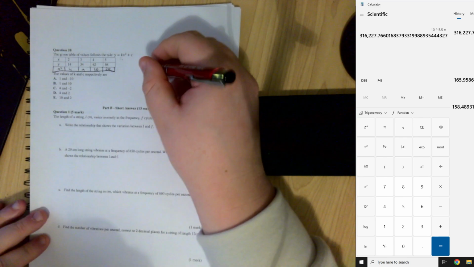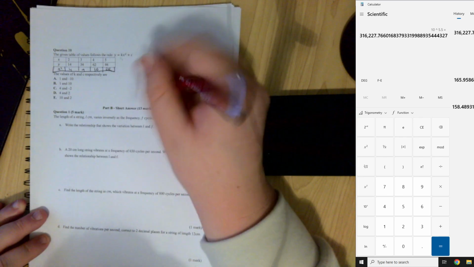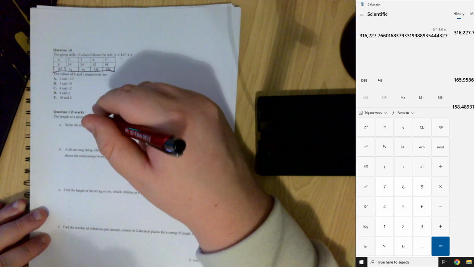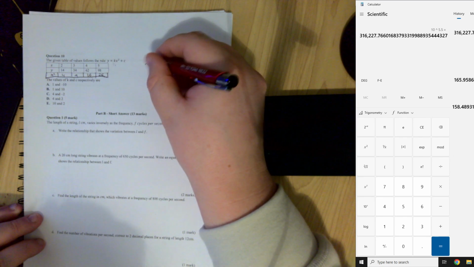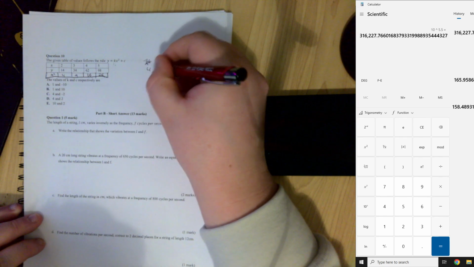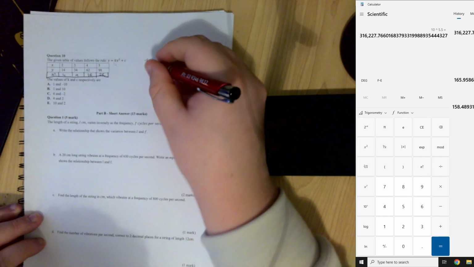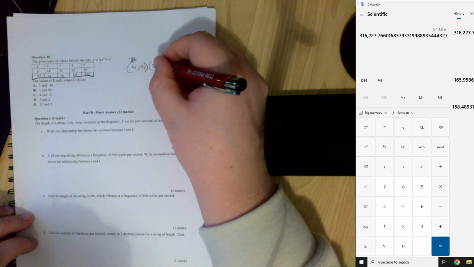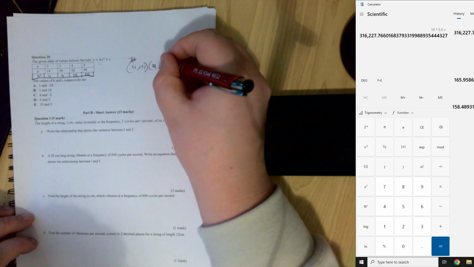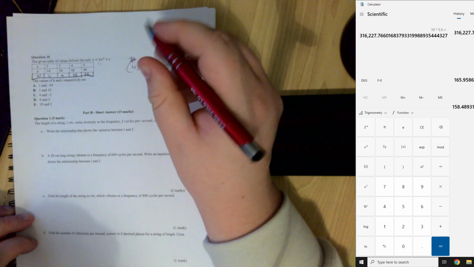We can do that using the 2-point method. So I can do 20, let's do smaller numbers. Maybe we'll do 4, 14 as 1 point, and 9 and 34 as the other point.